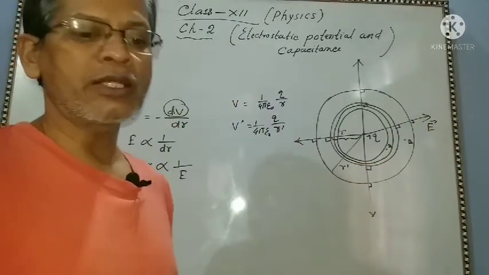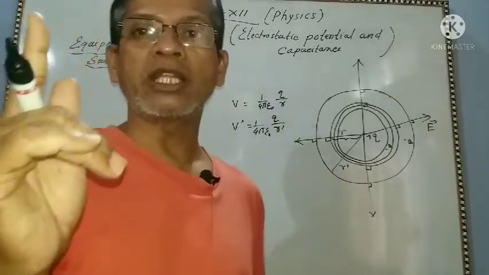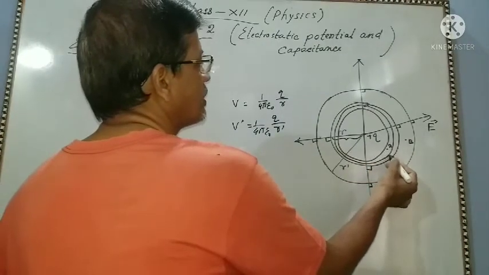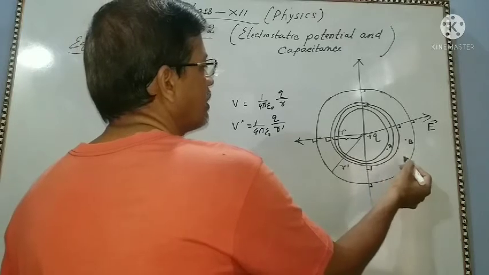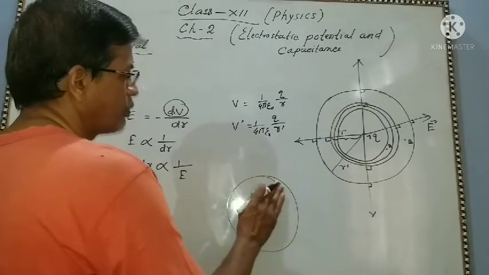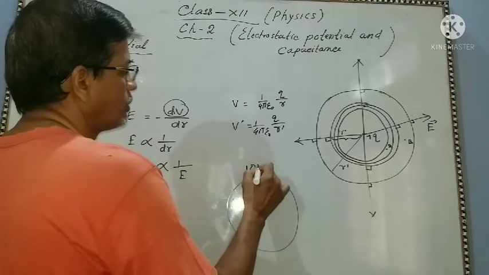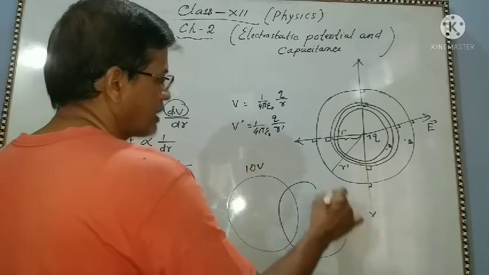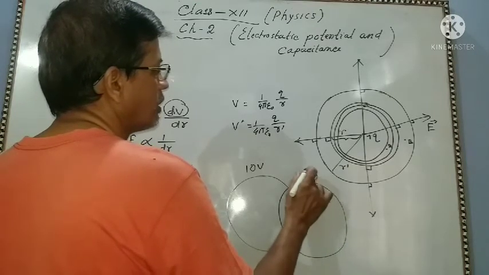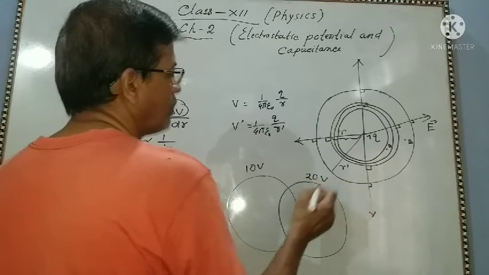Clear? And the last one is, no two equipotential surfaces can intersect each other. That means it cannot intersect with it. Suppose this is an equipotential surface whose potential is 10 volt, and this is another equipotential surface whose potential is 20 volt.